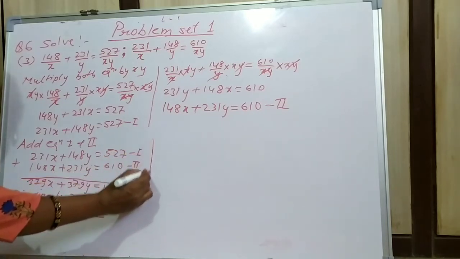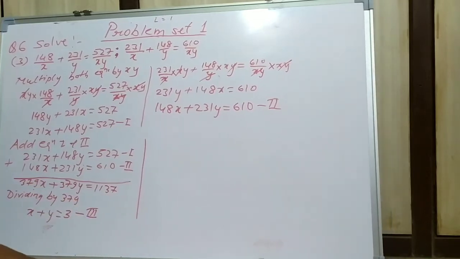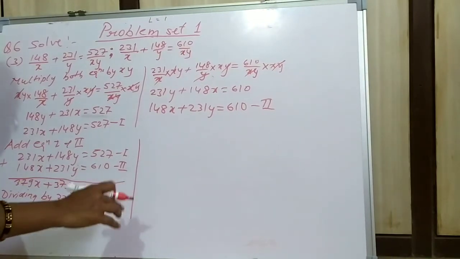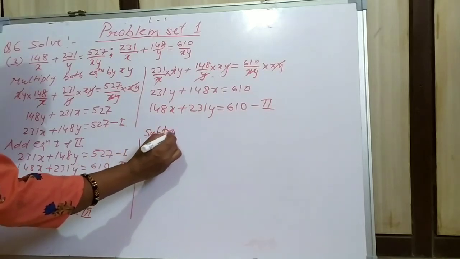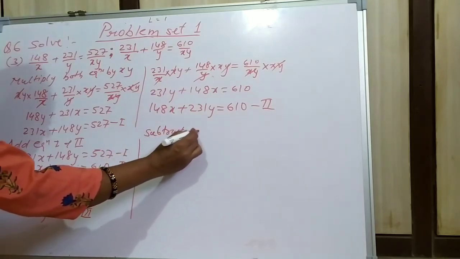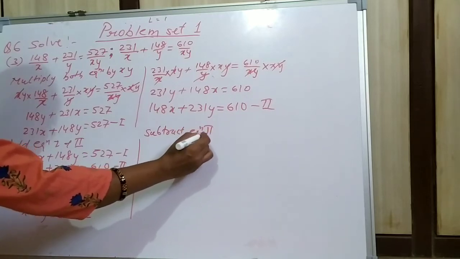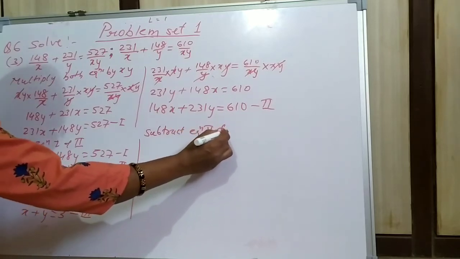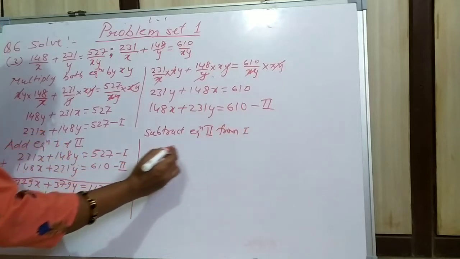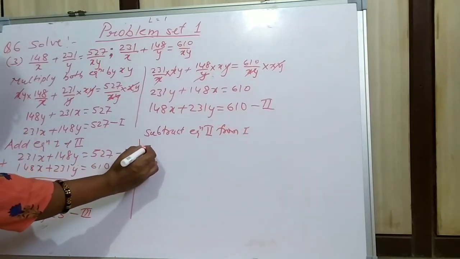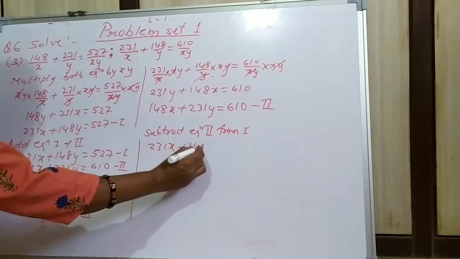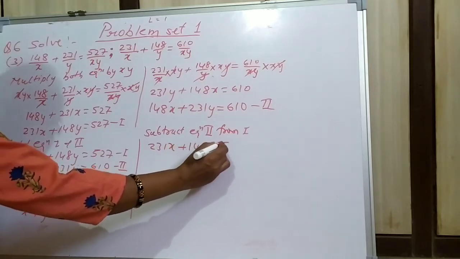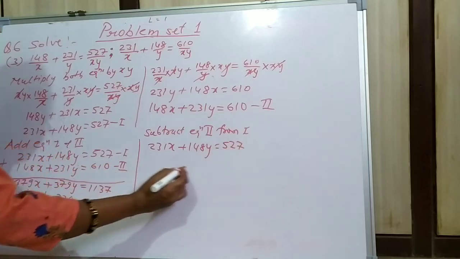Now similarly, subtract equation 2 from equation 1. So equation 1 you write first: 231x plus 148y is equal to 527.